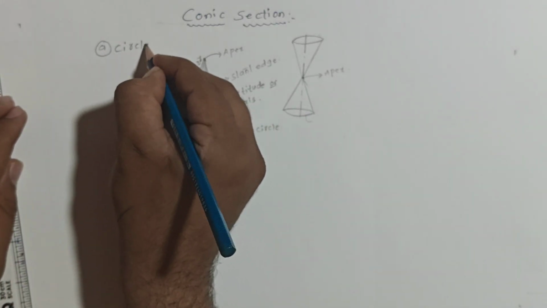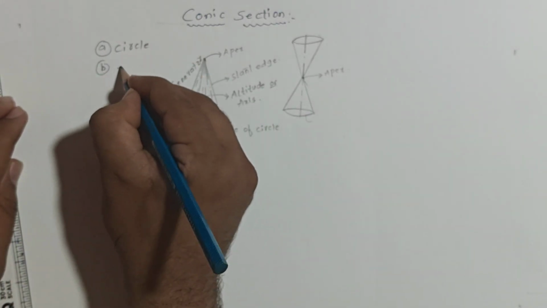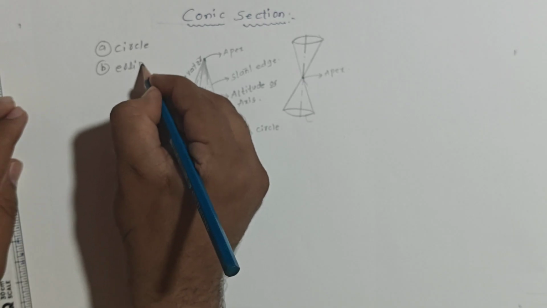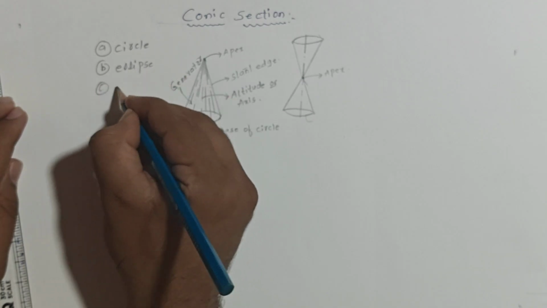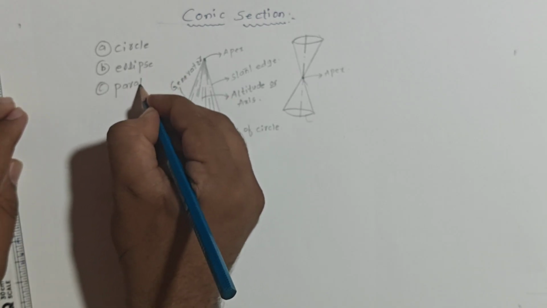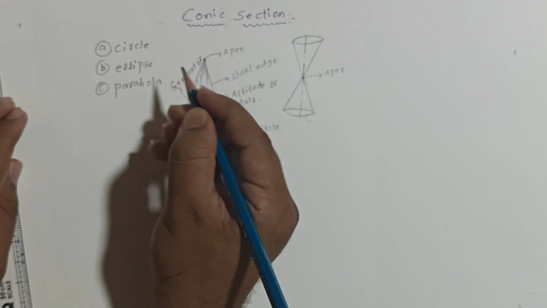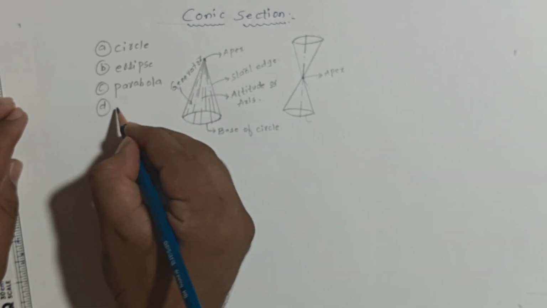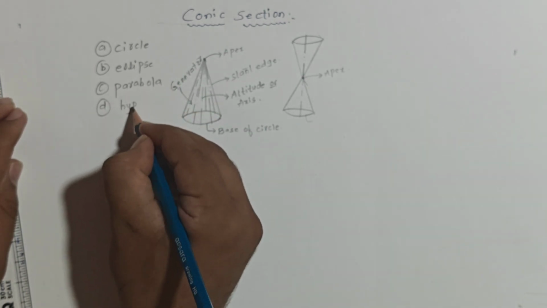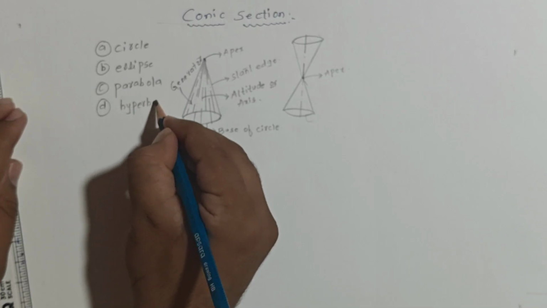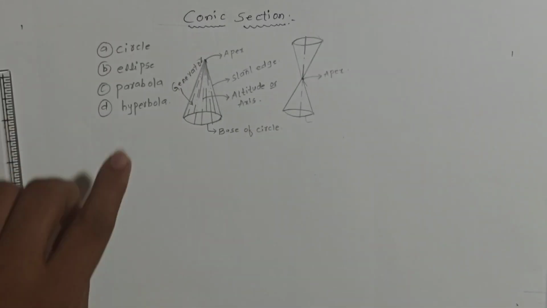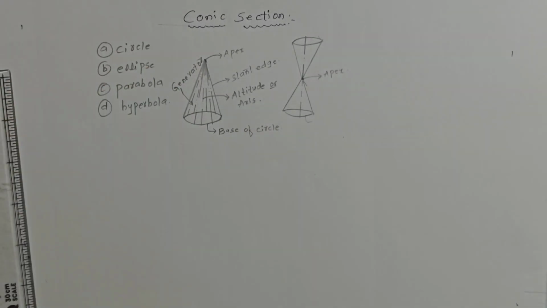First one is circle. Second one is the ellipse. Third one is the parabola, and fourth one is the hyperbola. Hyperbola, right? First, I will discuss the circle.